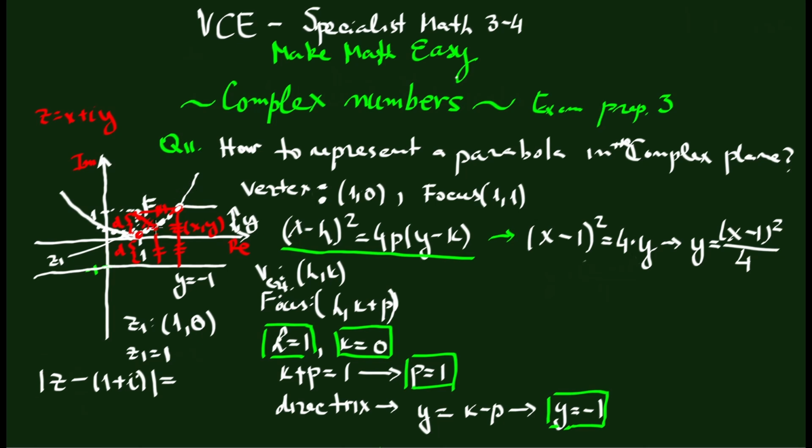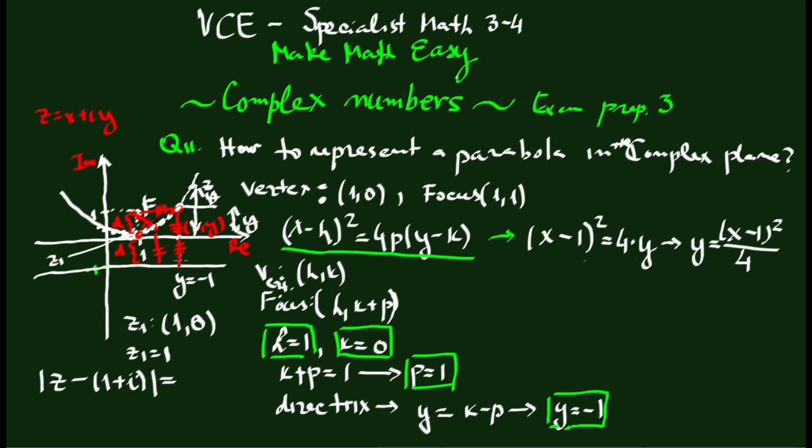For every dot here, this distance to the horizontal is y. For this dot here, it's our z. This distance here is again equal to y. That's the coordinate of z. So the distance for this point is the distance y from here to here plus the distance from the real x-axis to the directrix.